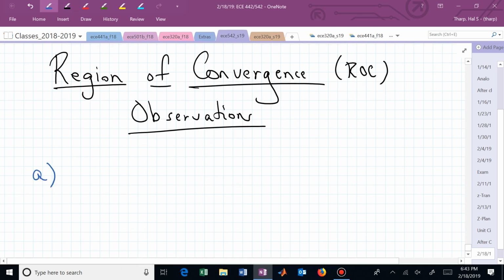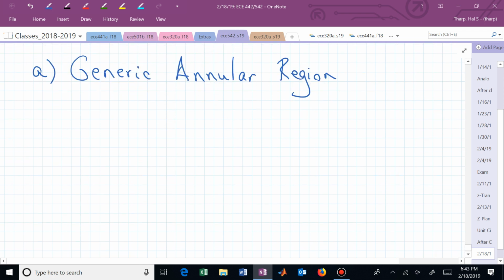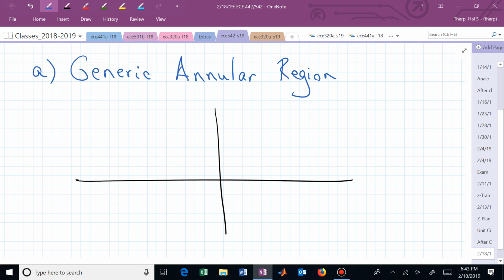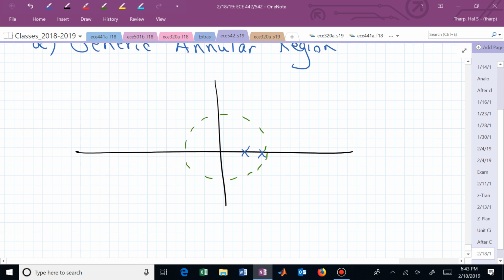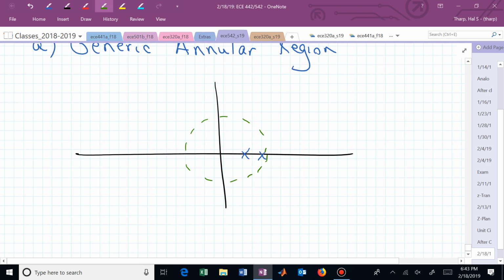Suppose that I now have a generic annular region. Meaning, here's the picture. I have some poles here, and let's say that my region of convergence is going to be beyond those. These are all supposed to be circles, so you can draw yours a little bit better than that if you want.